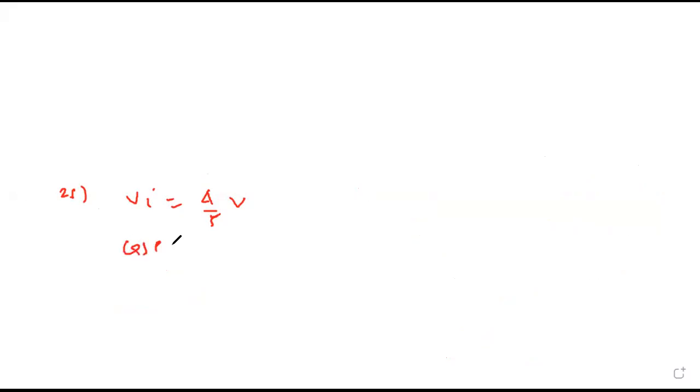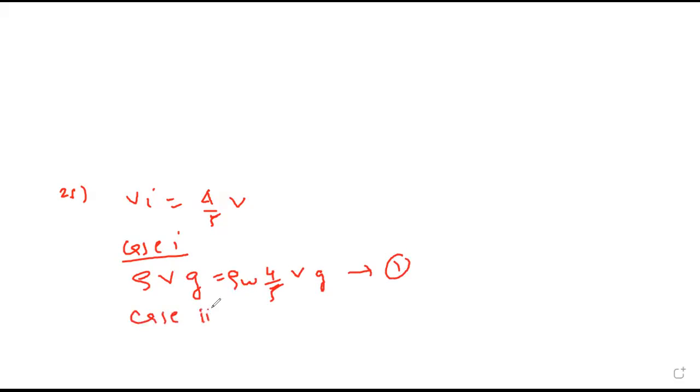So case 1, rho Vg is rho of water, 4/5 of V into g, equation 1. And in case 2, the same rho Vg is rho of liquid, just floats, means total V into g, equation 2.